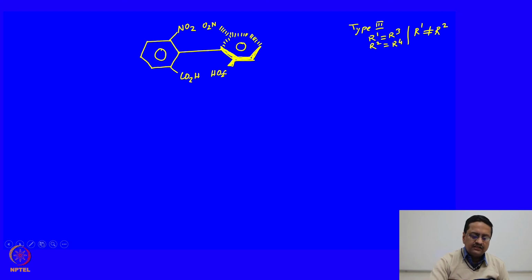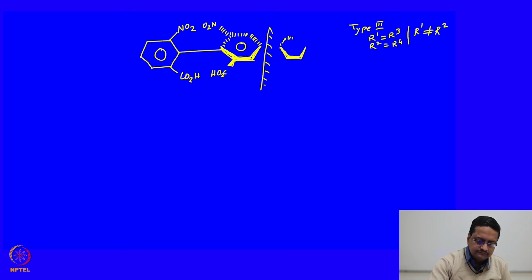So, this molecule, if I draw the corresponding mirror image, what we would get is this one. This is carbon.